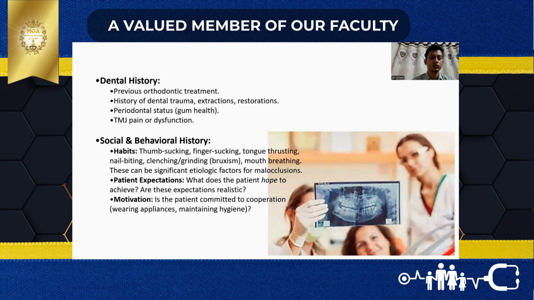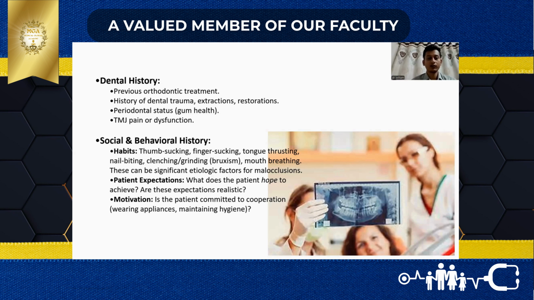If there is any history of dental trauma, extraction, restoration or root canal of the patient, you will see the periodontal status, whether there is any severe chronic periodontitis or not. You will see the patient's TMJ health, whether the occlusion is balanced or not, whether there is any dysfunction in the TMJ complex.